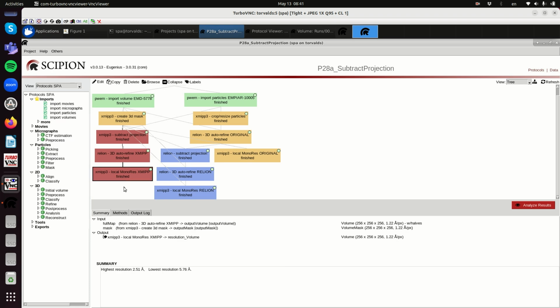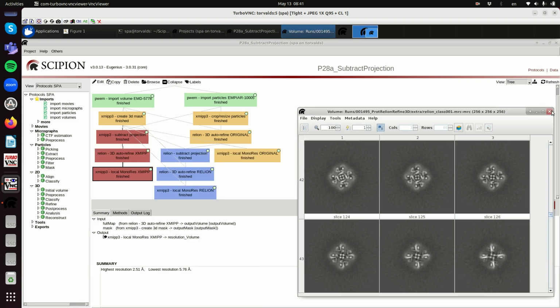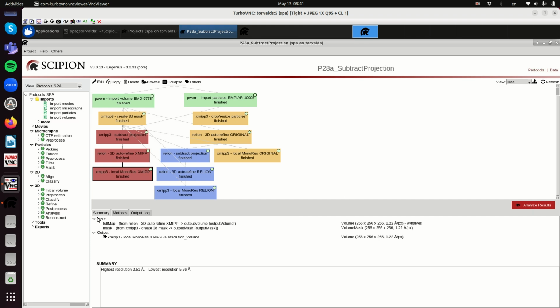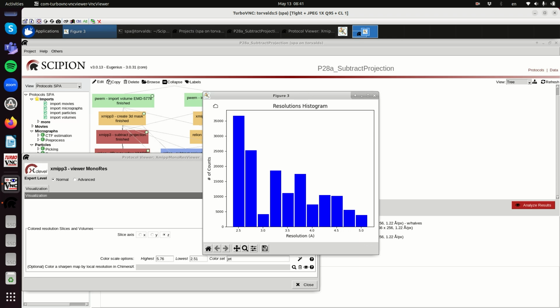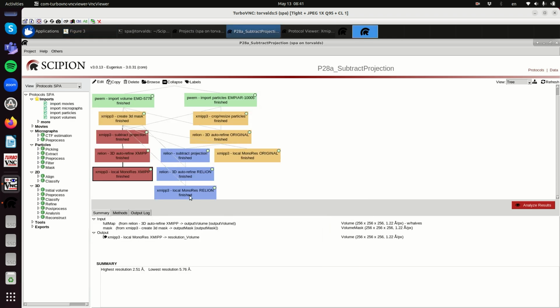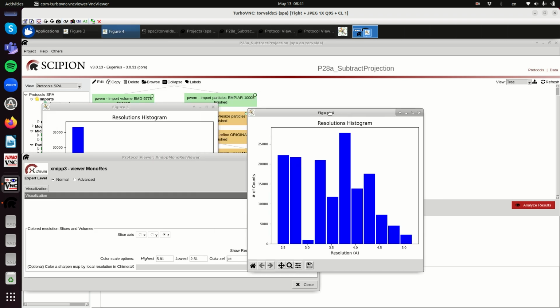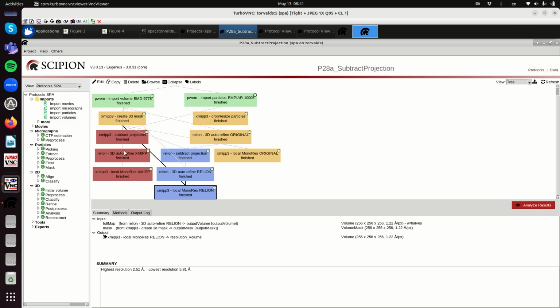So if you analyze, for instance, let me close many things, if you analyze the local resolution, then for instance here this is the one of Xmipp, this is the one of Relion, and the one of Xmipp is a bit shifted to the left, meaning that we have recovered a bit more frequencies apparently, at least in terms of signal to noise ratio.